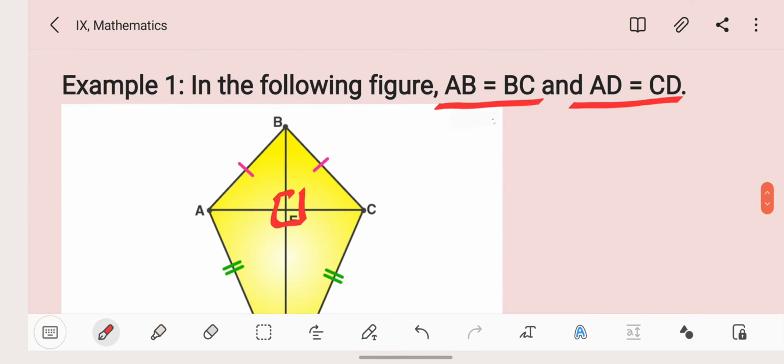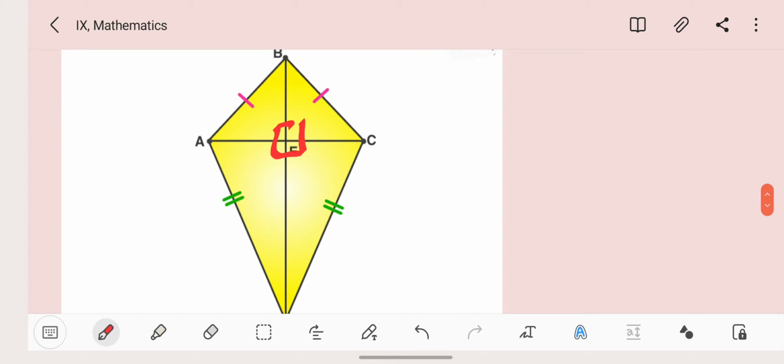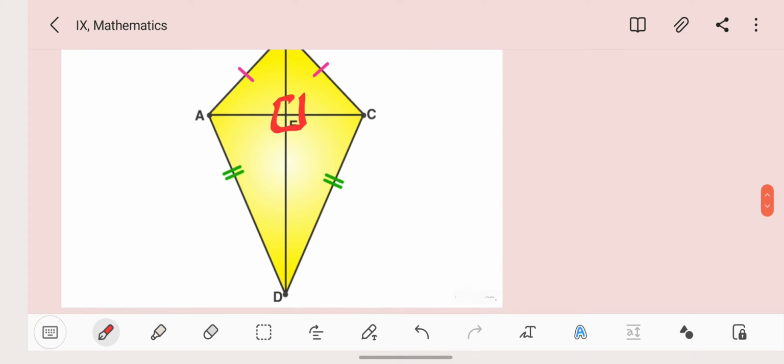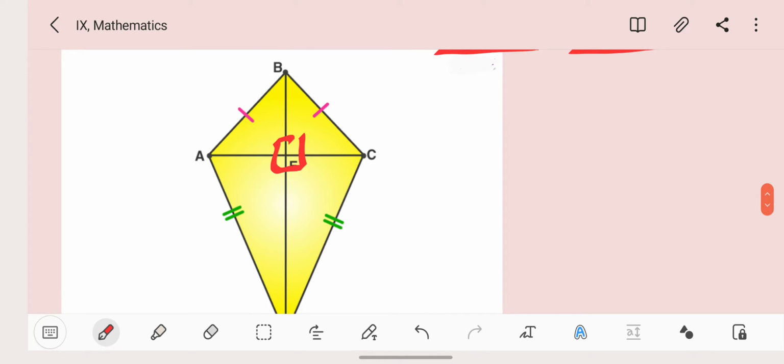So what will you do here? First of all, you will try to prove two triangles congruent. You can take these two triangles, triangle BAD and BCD. What are the three conditions which we need to show these two figures as congruent?